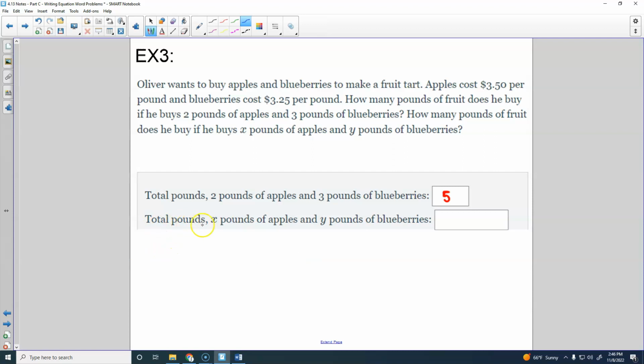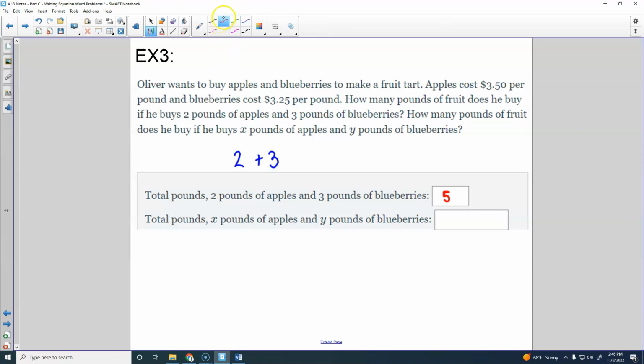What about total pounds if you have X pounds of apples and Y pounds of blueberries? Do you need to use the prices now? Is it asking for price? Still not asking for price, right? So, like on this last one, we did 2 plus 3 is all we did, right?